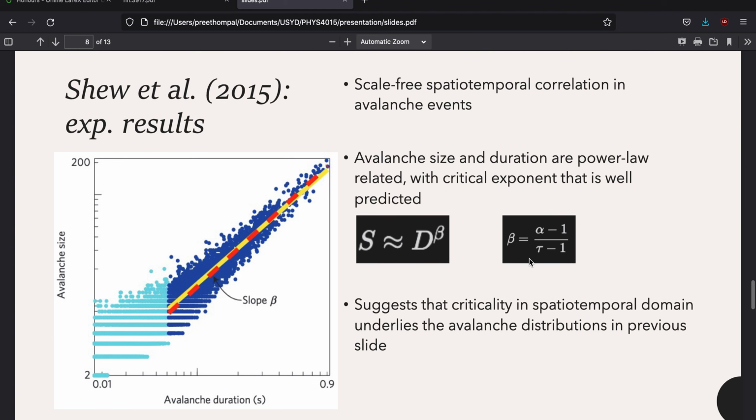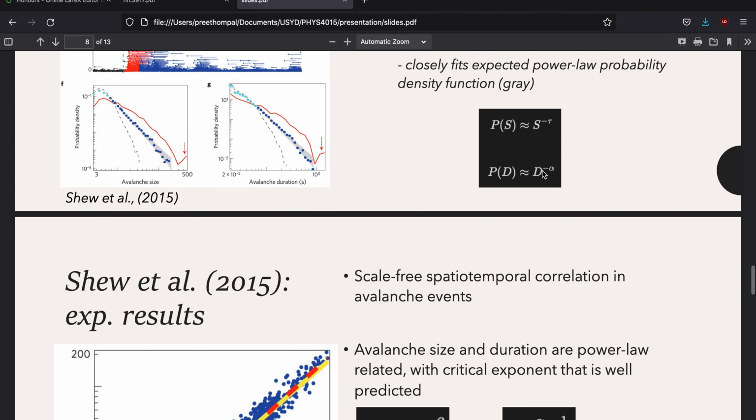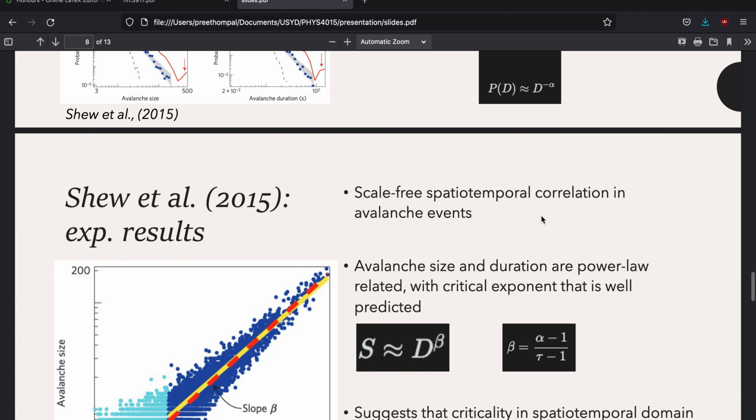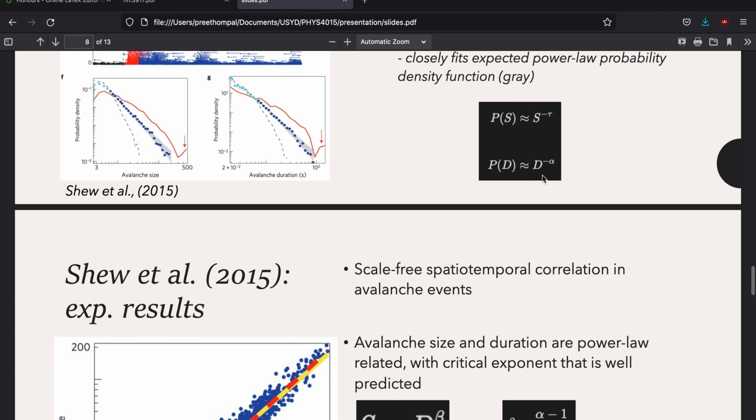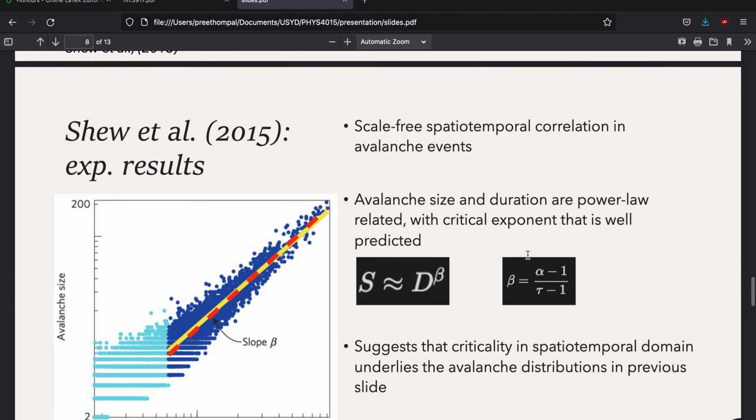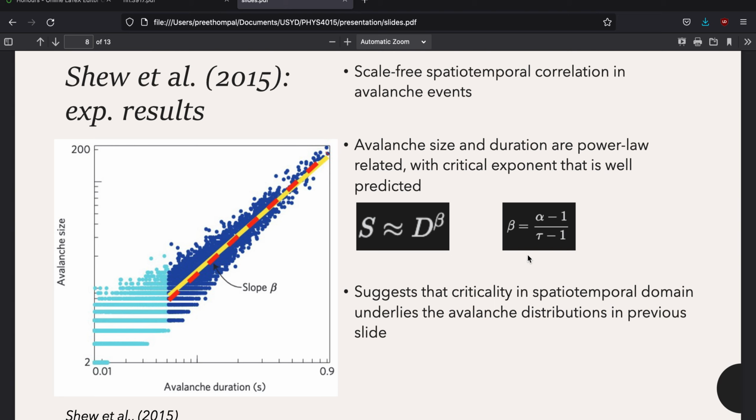So alpha came from up here with duration to critical exponent alpha, and then tau came from up here with size to critical exponent tau. So this is suggesting that, again, criticality in the spatiotemporal domain underlies the avalanche distributions that we observe. Okay.